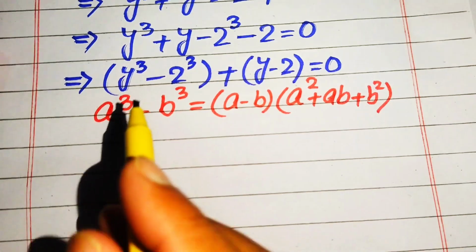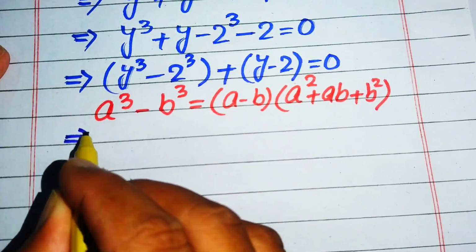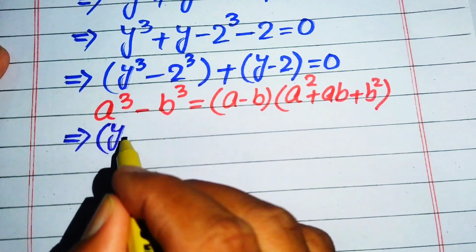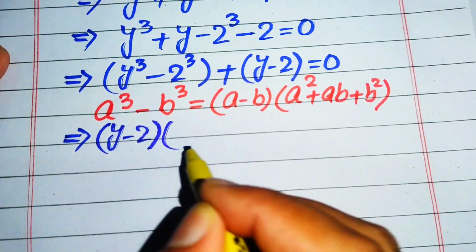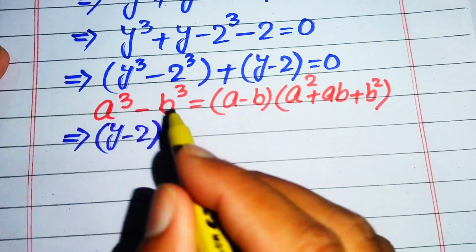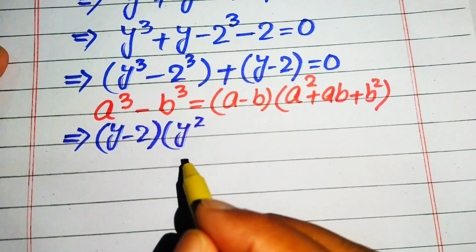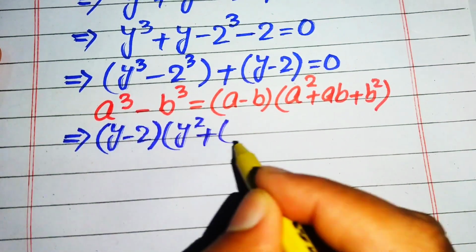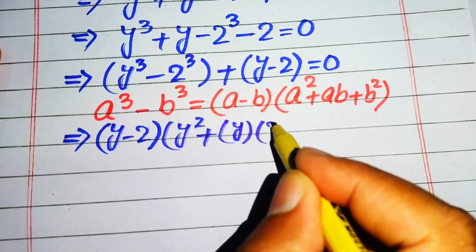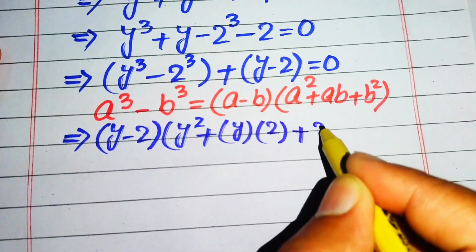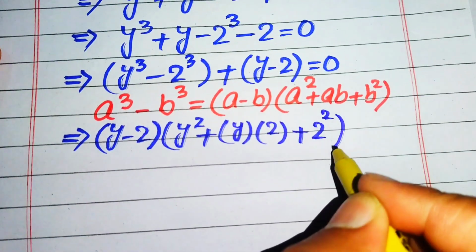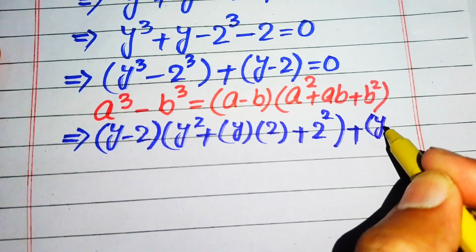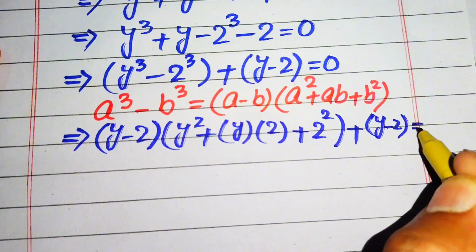So y cubed minus 2 cubed we write as y minus 2 times: a square, so our a is y, giving y square, plus ab, where a is y and b is 2, and b square, so b is 2 square.